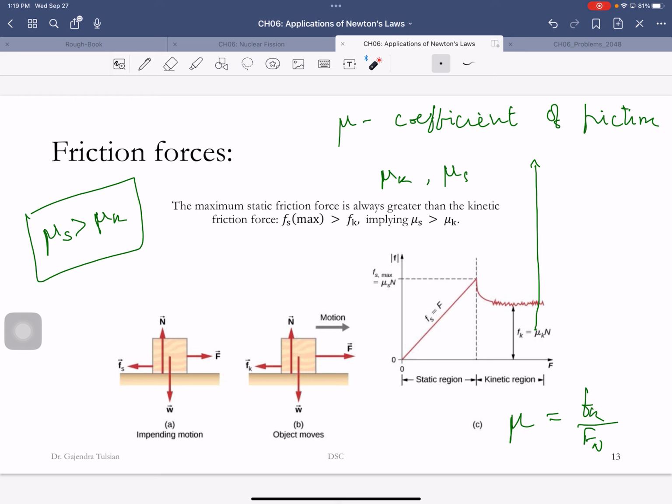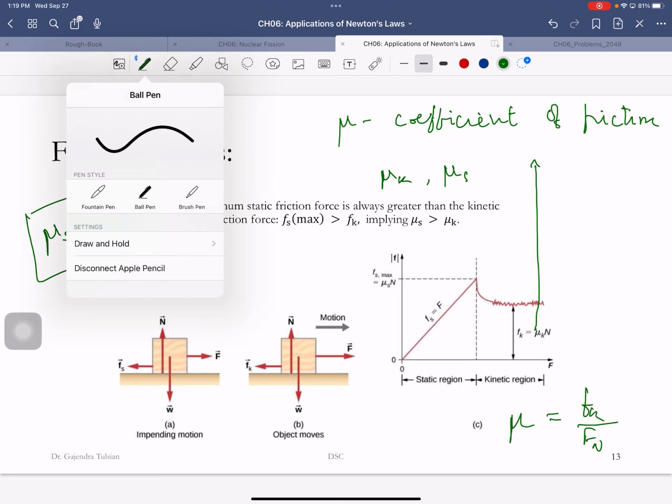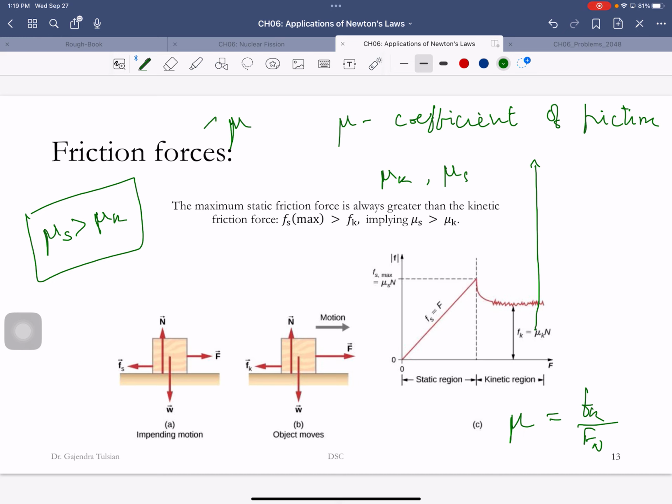If you bond the surface and it cannot move, then mu can be infinity. So mu can be anywhere from 0 to infinity. So mu really tells you the stickiness of the surfaces.